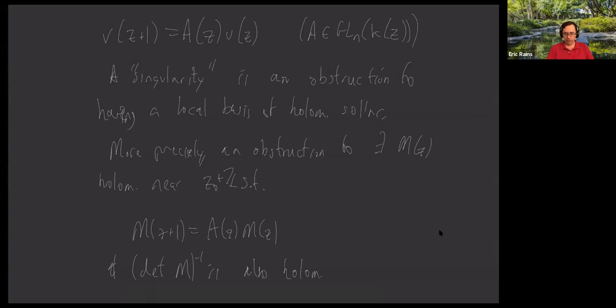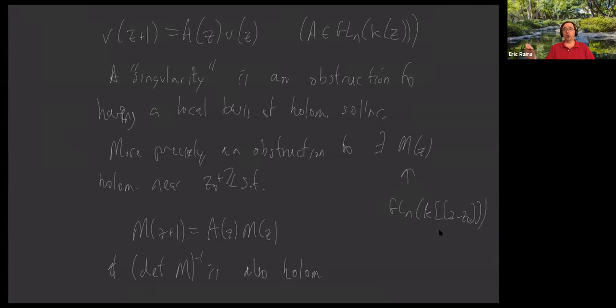So here, of course, we can turn this into a purely algebraic thing by taking our matrix to live in GL_n of K double bracket z minus z naught, so power series, and really formal power series, they don't have to converge.